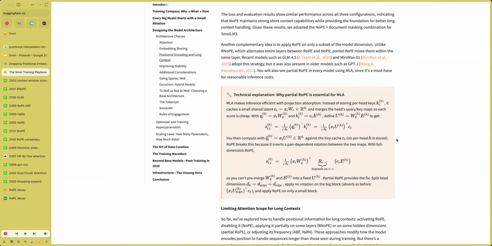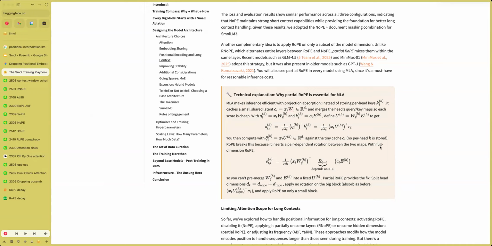But the general idea is, when we're doing latent attention, the whole savings that we have is because we can pre-compute two matrices, which are WQ, I think, and WC.